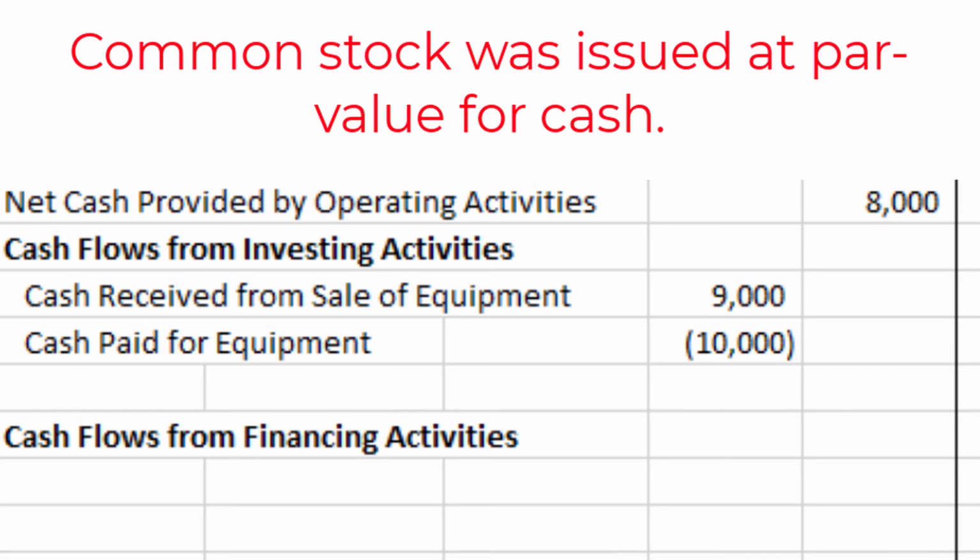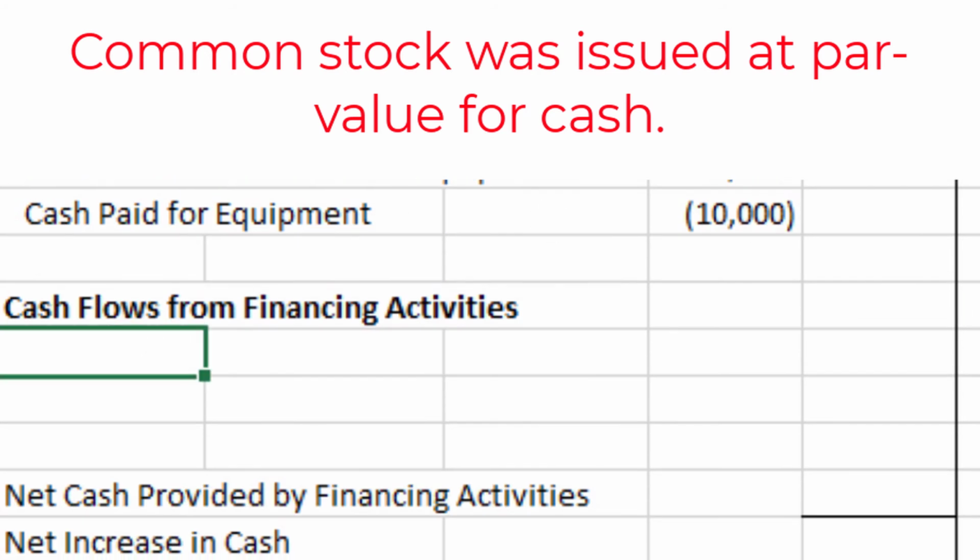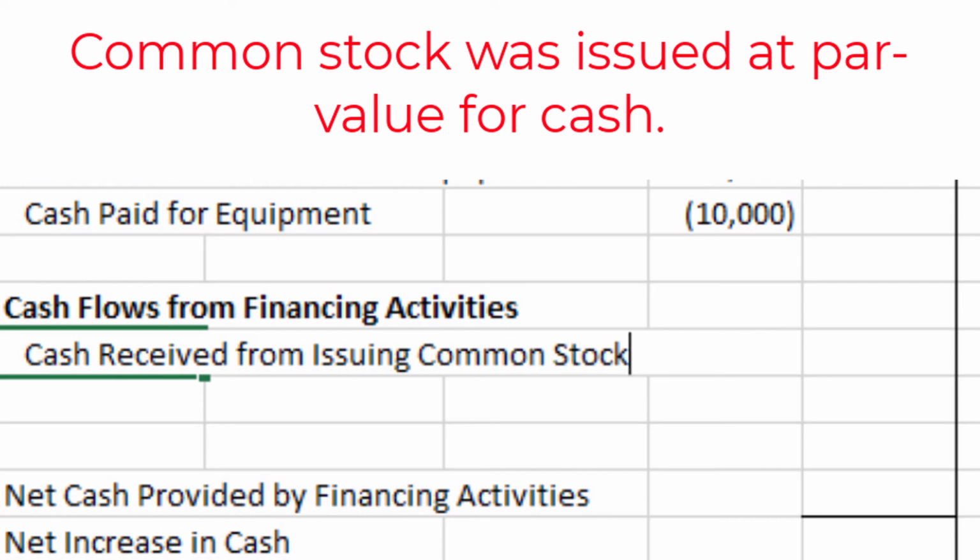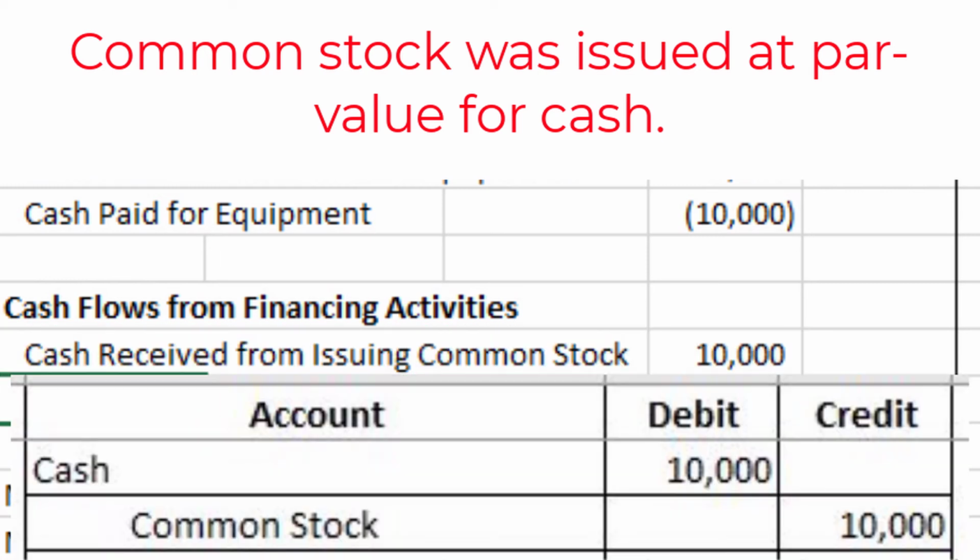So let's go down here. So this is going to be cash received from issuing common stock. And this is going to be for $10,000. And again, if you were interested, the journal entry related to this transaction would include a debit to cash for $10,000 and a credit to common stock for $10,000.